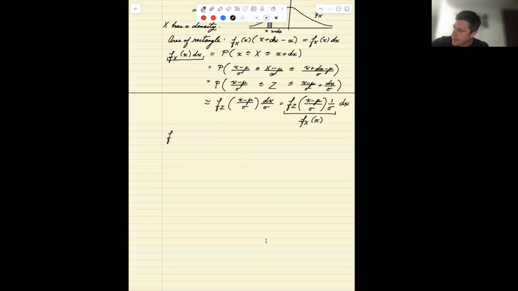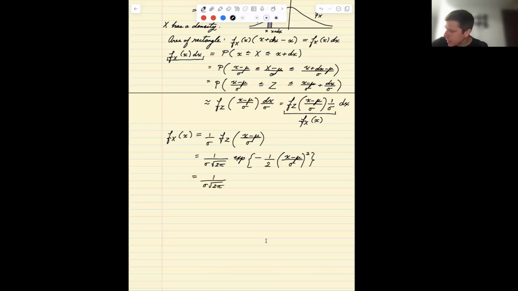So the density of the normal with mean mu and variance sigma squared is 1 over sigma times f of z, which is 1 over square root of 2 pi times the exponential of minus 1/2 z squared, where z is x minus mu over sigma.